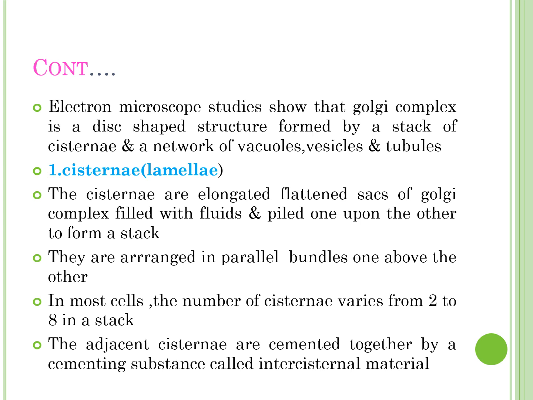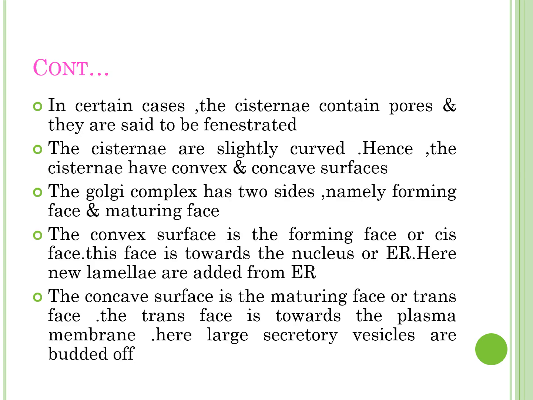In most cells, the number of cisternae varies from 2 to 8. The adjacent cisternae are cemented together by a cementing substance called intercisternal material. In certain cases, the cisternae contain pores and they are said to be fenestrated. The cisternae are slightly curved, hence they have convex and concave surfaces.